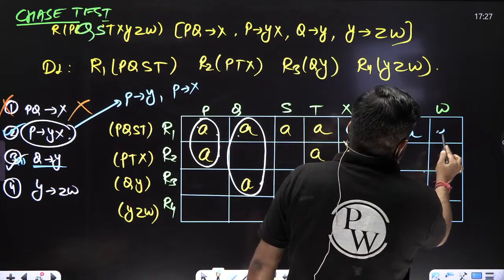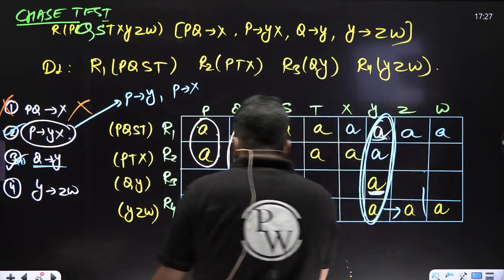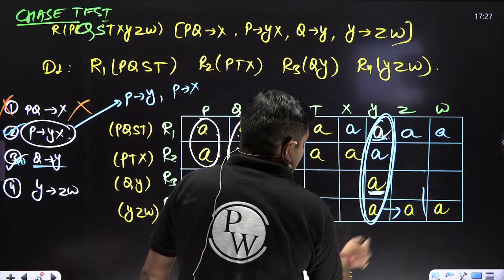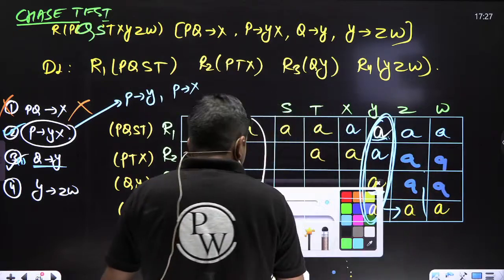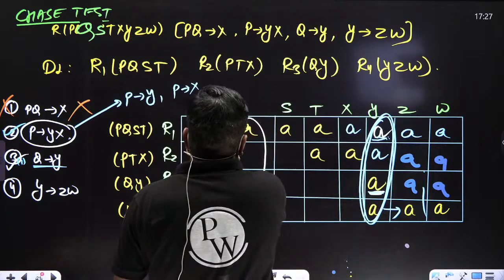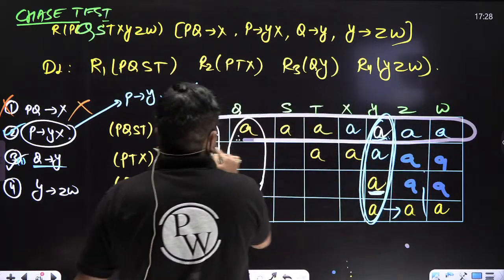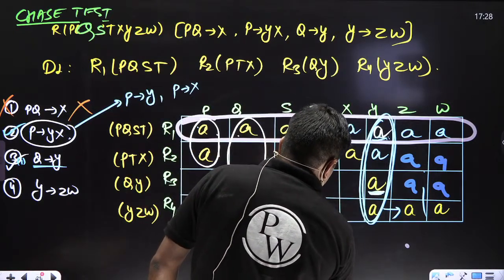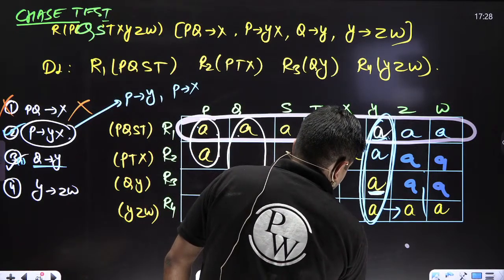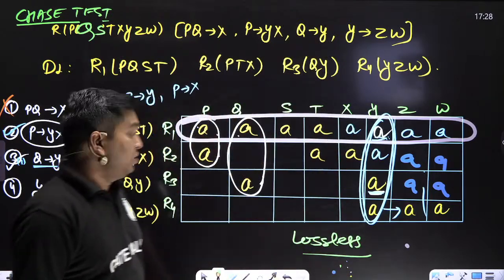All values of A. So yes, you can fill with complete A here. My result is getting all A entries, then we can declare it is lossless. Crystal clear, children?